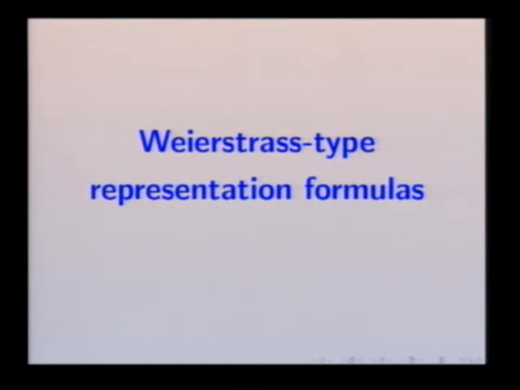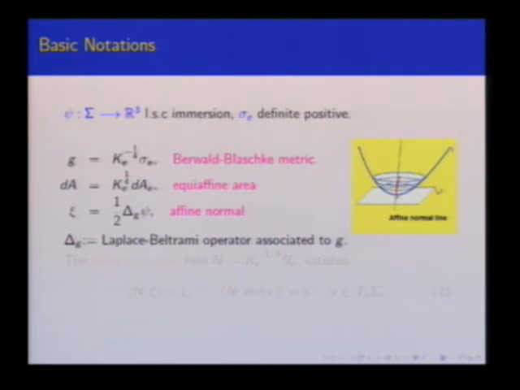Okay, first of all, in order to understand how this family of surfaces can be represented, I'm going to denote by G a locally strongly convex immersion in R3 oriented so that the second fundamental form of the immersion is definite positive.